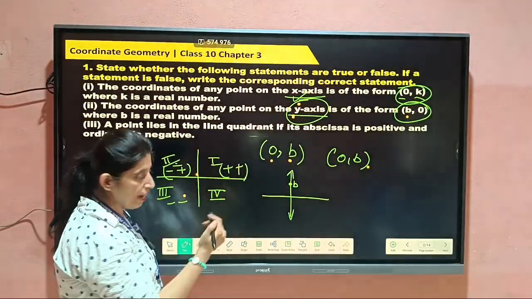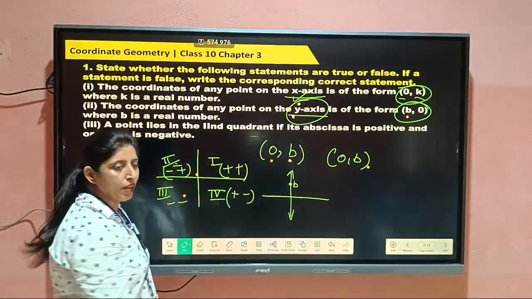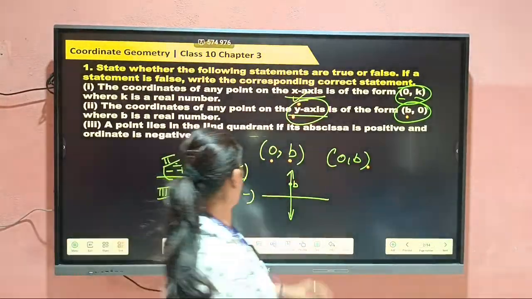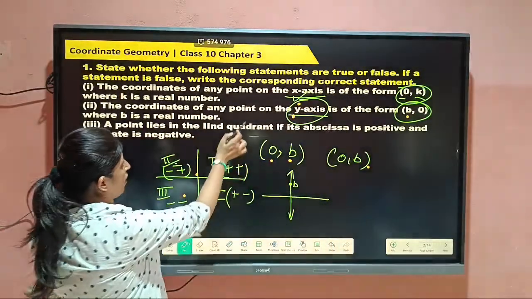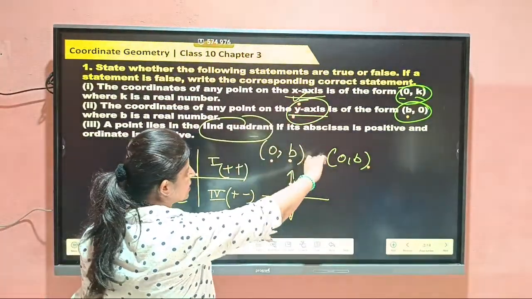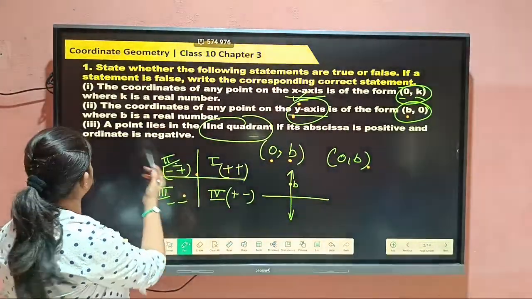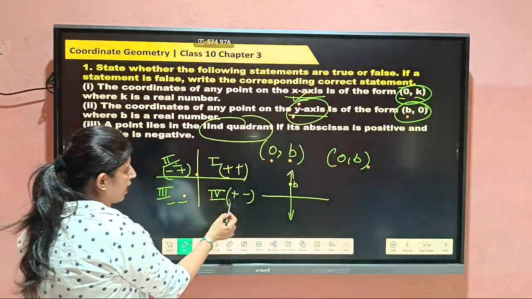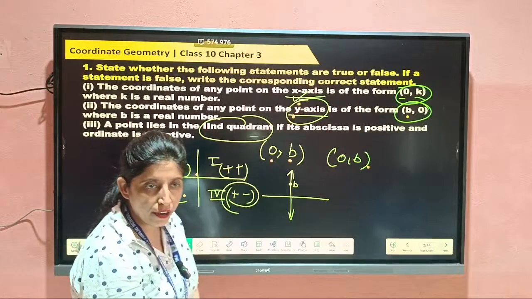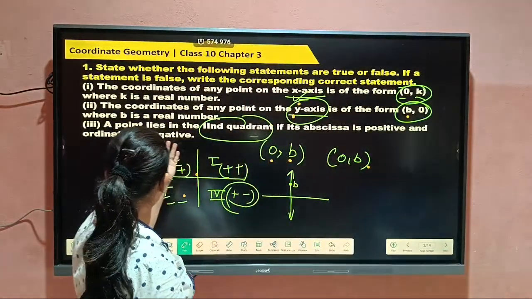In fourth quadrant, x is positive, y is negative, plus minus will come. So it is given a point lies in the second quadrant if its abscissa is positive and ordinate is negative. Abscissa is positive, ordinate is negative. It is in fourth quadrant, not in second quadrant. So this statement is also false.